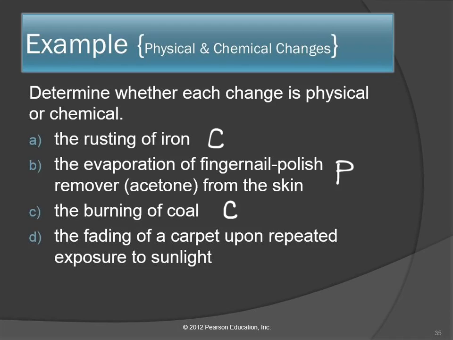So the fact that the carpet has faded indicates that a chemical change has occurred. Now, the carpet is still carpet, but if you were able to look at the dyes in the carpet and look at their structure, you would see that they have changed, and that's why it's a different color. So this is a chemical change.